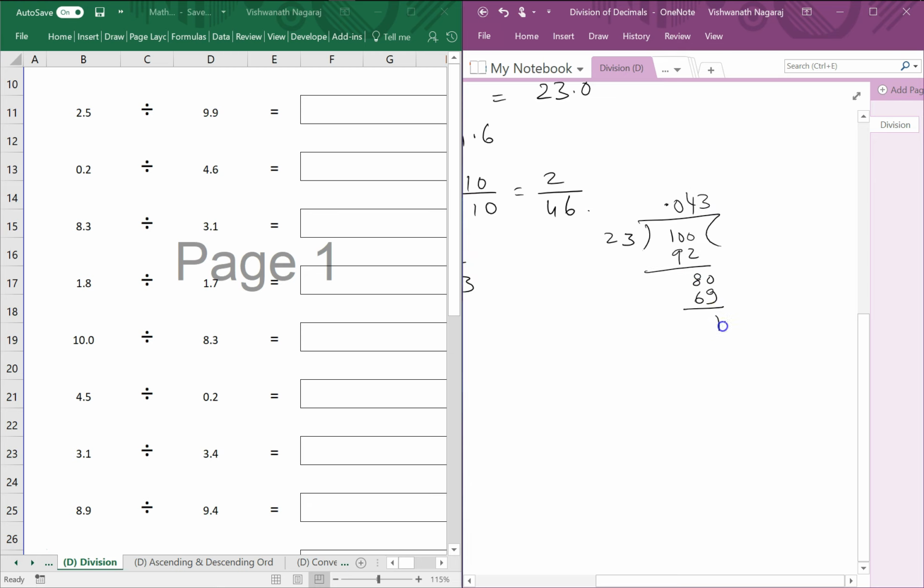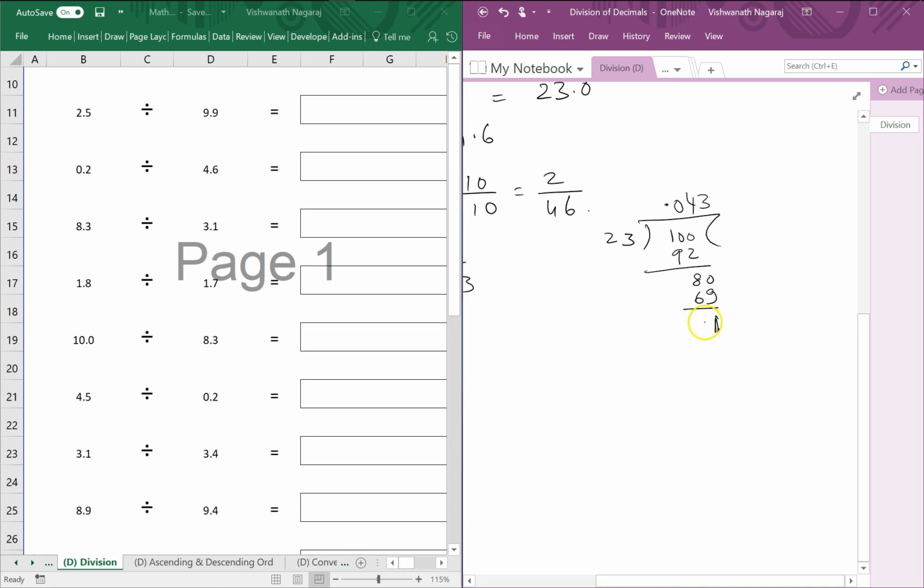So 10 minus 9 is 1, 9 minus 6 is 3. So 310. No, see, this is wrong. This should be less than 23, right? So when the remainder is greater than the divisor, you need to check it again.